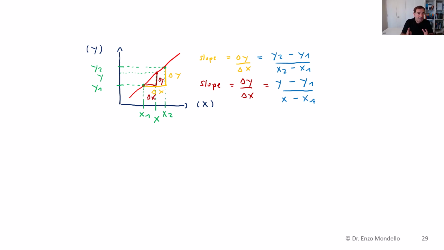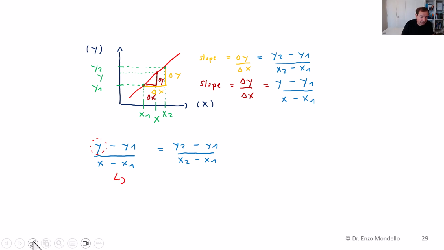Since it doesn't matter where we calculate the slope of a straight line, it's always the same, we can set the two slopes equal. So y minus y1 divided by x minus x1 equals y2 minus y1 divided by x2 minus x1. Now we can rearrange this equation according to the dependent variable y.